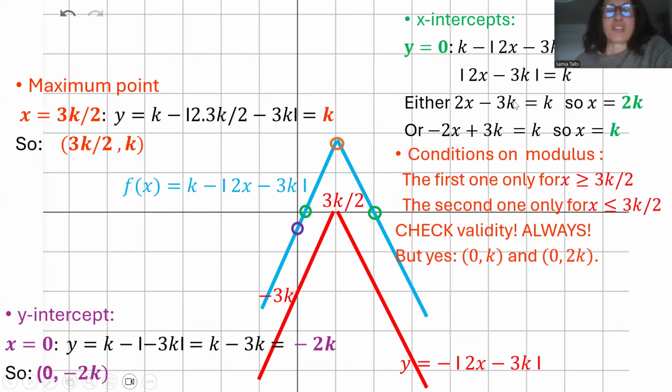So this, which is the first one here, would only be valid if actually 2x minus 3k is positive, meaning for x superior or equal to 3k over 2, this condition, giving you a solution greater than 3k over 2, is the only one possible.